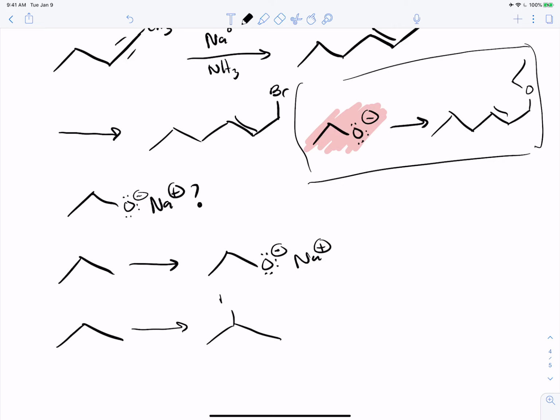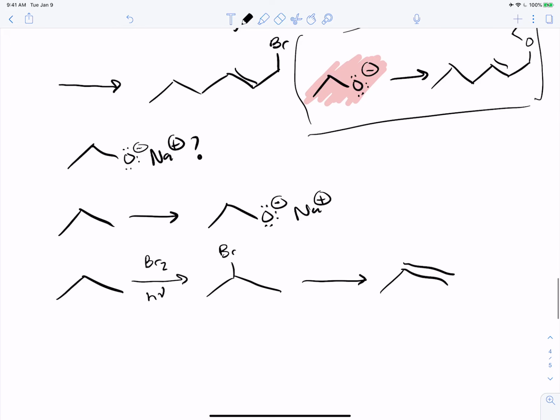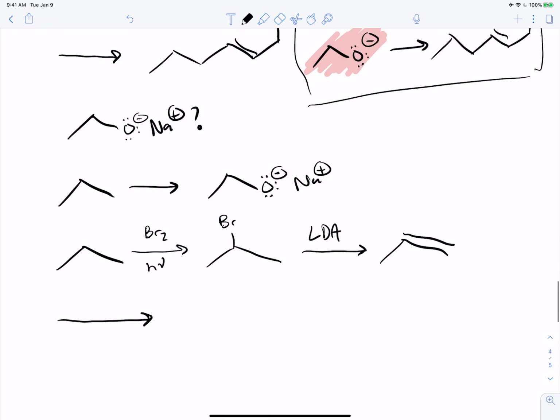We have an alkane, so we're going to start out doing radical halogenation here. That bromine is not in a spot that we like, so we're going to make it into the alkene, using LDA or some big base to do that. And now we can go directly from the alkene to the alcohol using hydroboration oxidation: BH3, then sodium hydroxide and peroxides.